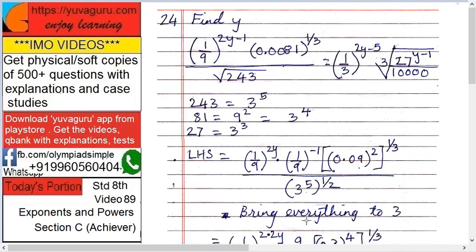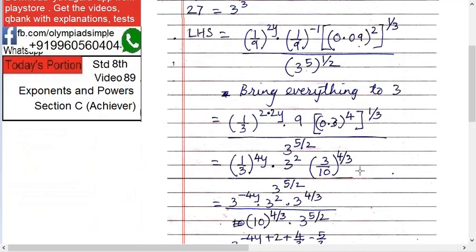Next, bring everything to 3. That is what is required. So 1 upon 3 raised to 2 into 2y, because 9 is square of 3. Similarly 1 upon 9, this will become 9 and this we will bring to 3 later. Then 0.09 is what? 0.3 square, but it's already written 0.09 square, so it will be 0.3 raised to 4, right?